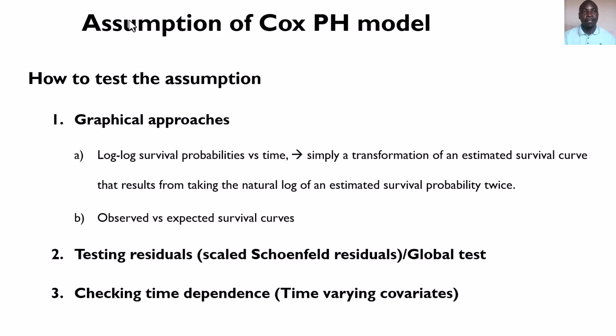We have a previous video that goes into the details of checking for this assumption using the different approaches available. So in this episode, I'm just going to demonstrate using one graphical approach and then the global test to show the variable that is violating our assumption so that we proceed to fit our extended Cox regression model.